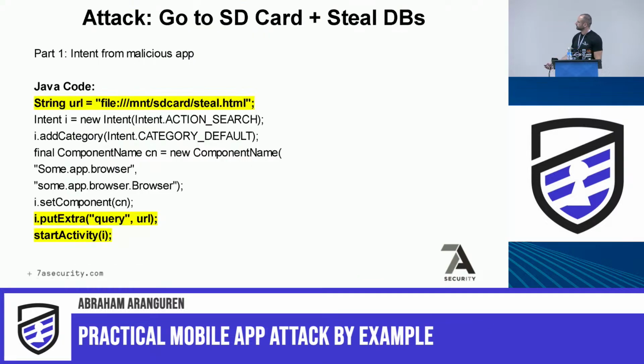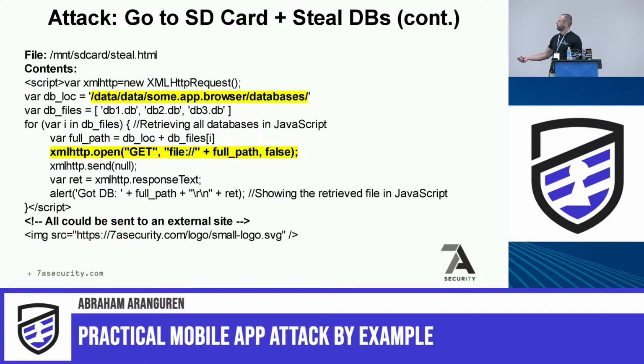So let's see. So you have a malicious application that sets a URL of SD card steal.html, and then it's invoking the vulnerable app to load this URL, which will be accepted because of the validation we saw before. And then when this HTML file is opened, then we loop through the databases of this application, and using XSS, we can have data exfiltration, right?